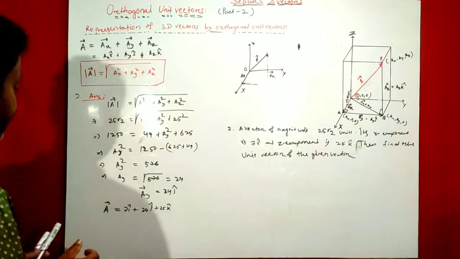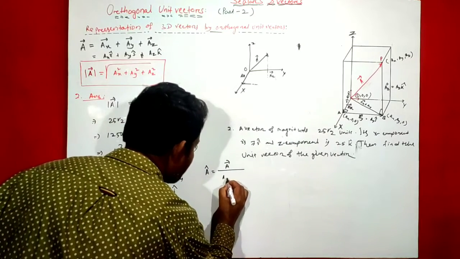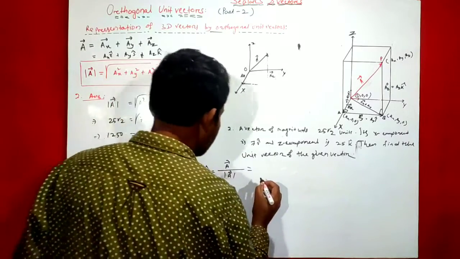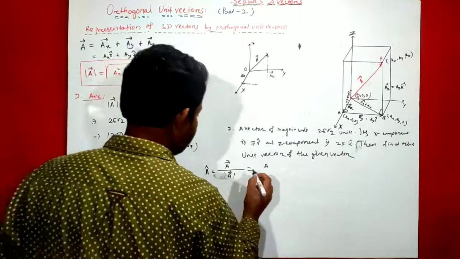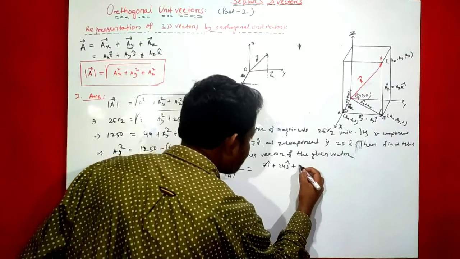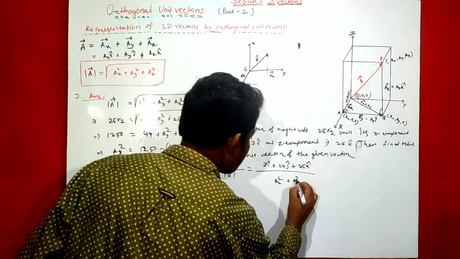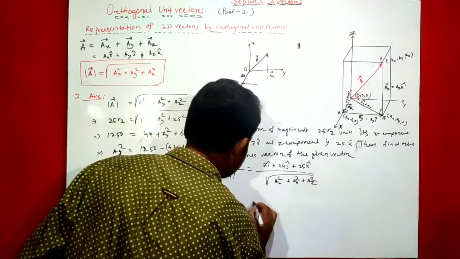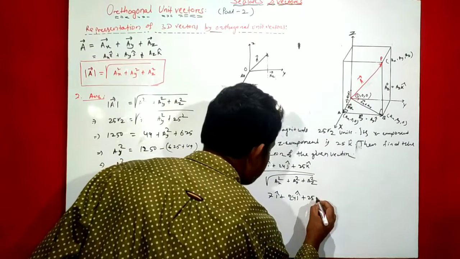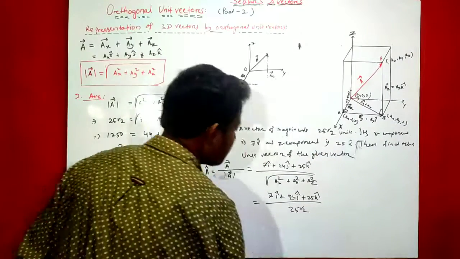We have to find the unit vector of A. Let me write here the unit vector of A. A cap is equal to vector A upon the magnitude of A, that is 7 i cap plus 24 j cap plus 25 k cap upon the square root of a x square plus a y square plus a z square, that is equal to 7 i cap plus 24 j cap plus 25 k cap by the magnitude, which is 25 root 2.